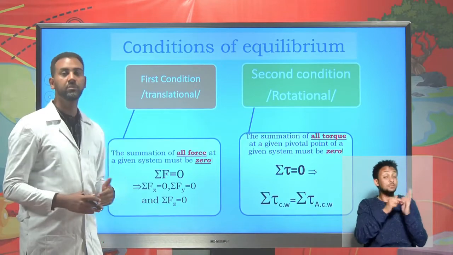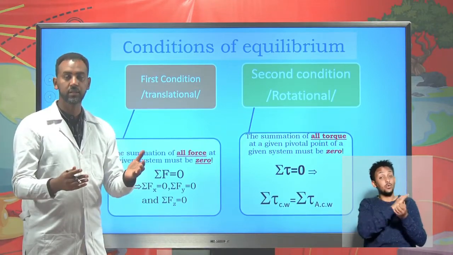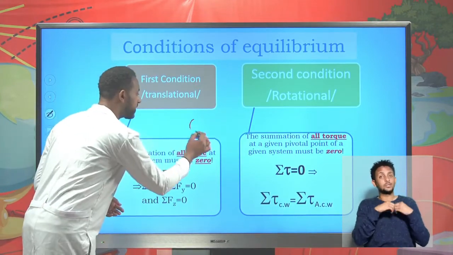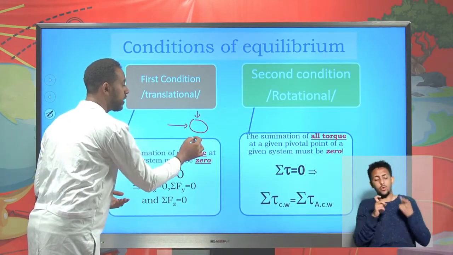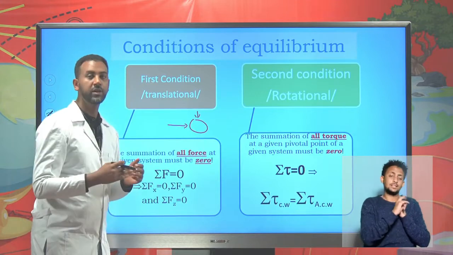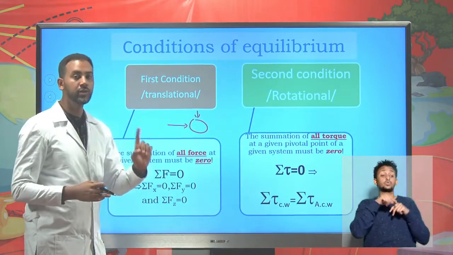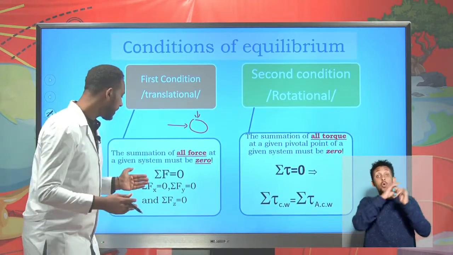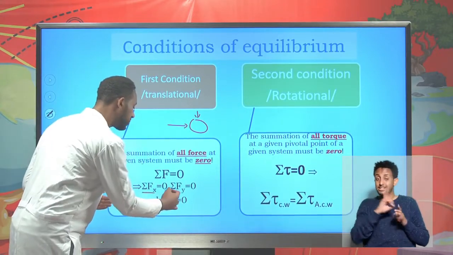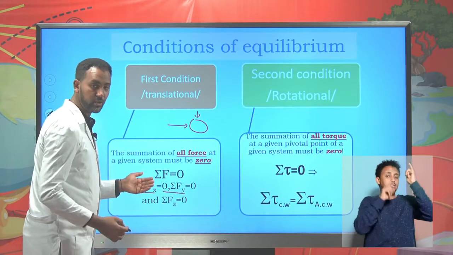What we mean by net force on a given object is that different forces might be exerted along the x-axis, the y-axis, and the z-axis. But we mainly focus here on two dimensions, the x and y-axis. So the net force exerted on the x-axis and on the y-axis must be zero.